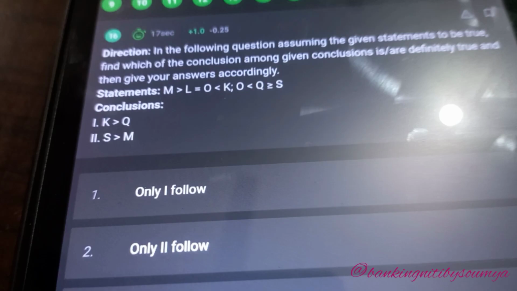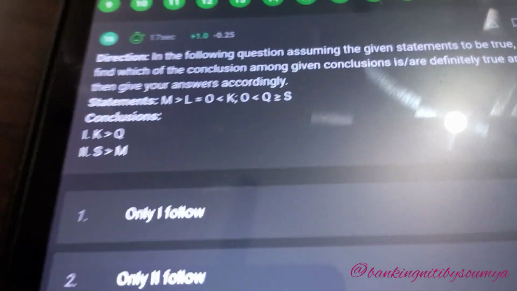In our first statement, it is clear that 2 statements are given. Now we will start with our conclusion.